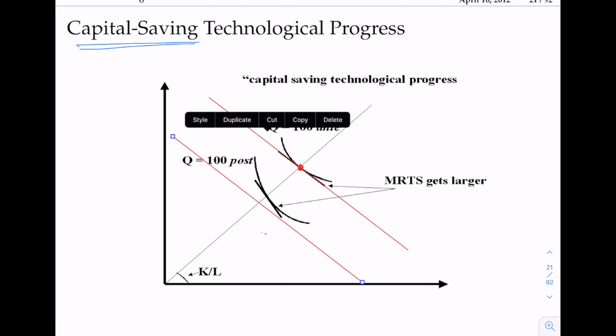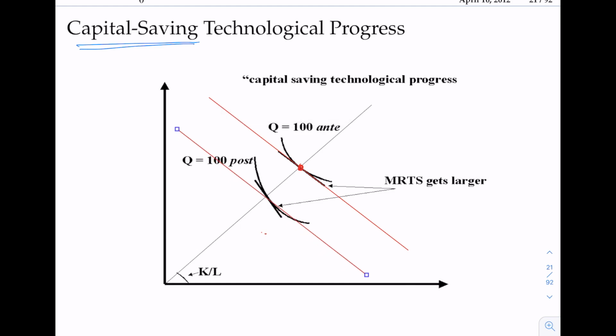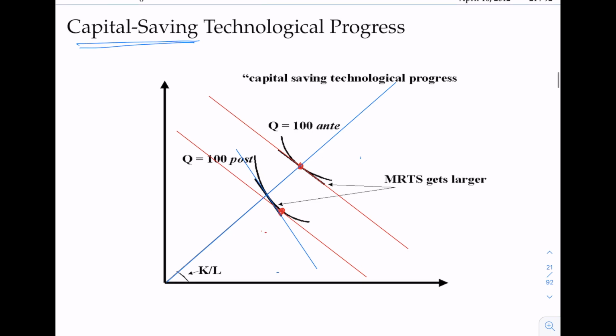And then this would be your new optimal decision, right? But if you look at it along the original capital and labor input ratio, you can see that the slope is steeper here, right? So the MRTS gets larger along this previous labor and capital input ratio. Okay, so this will be capital saving technological progress, the opposite of the previous picture.